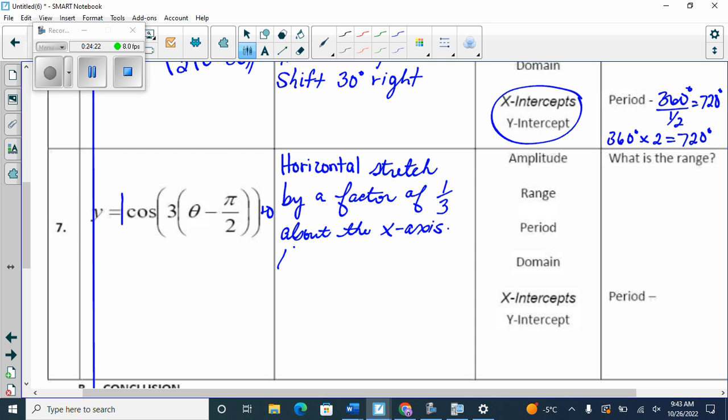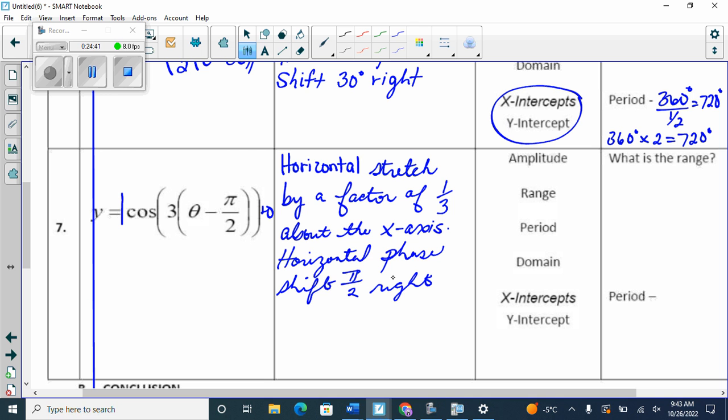And then we have a horizontal phase shift of pi over 2, right. Good enough.